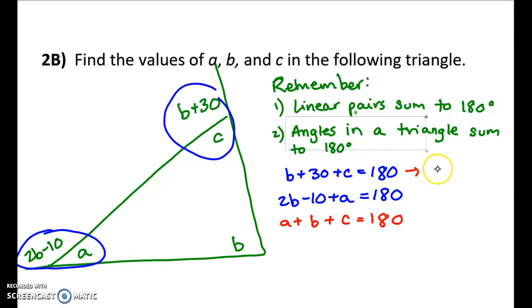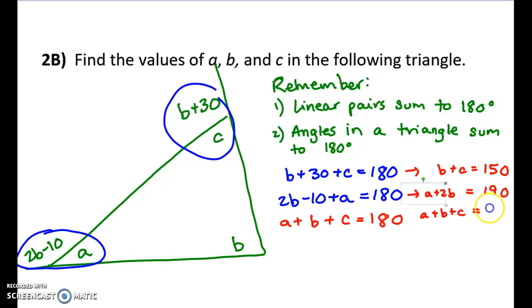So this guy really becomes B plus C equals 150, and this one really becomes A plus 2B is equal to 190, coupled with our A plus B plus C is equal to 180. I didn't have to change him.